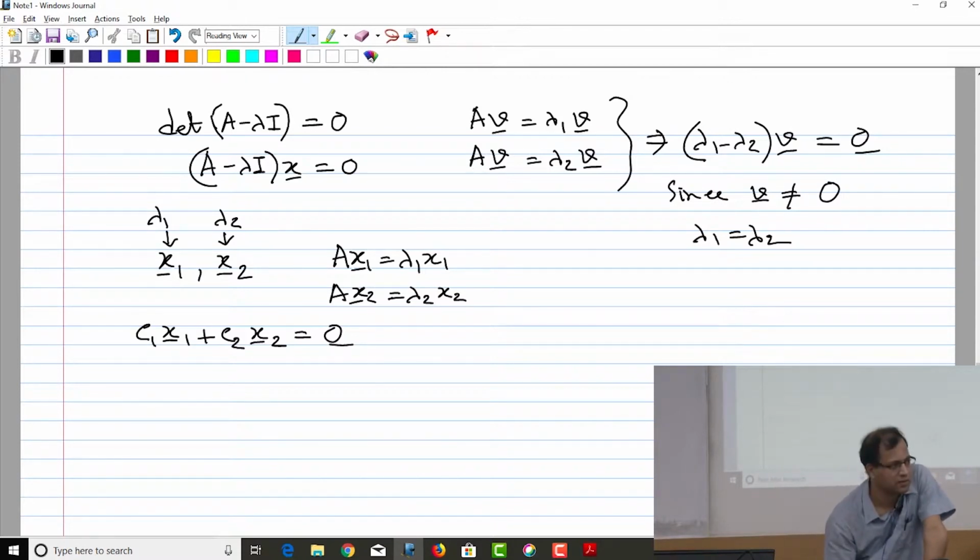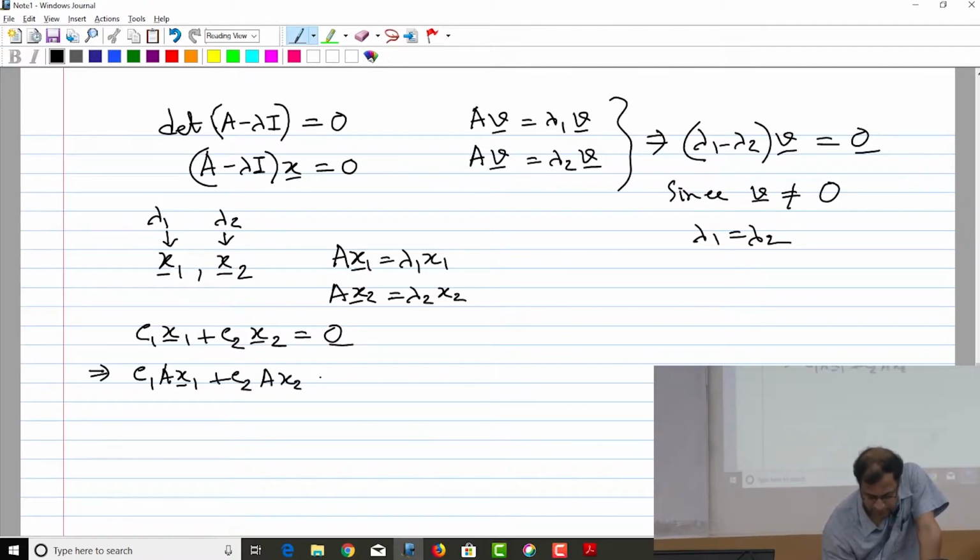Maybe you just multiply this with A: c1 A x1 plus c2 A x2 equal to 0 vector. So then you substitute these two. So this is my equation 2 and this is 3.